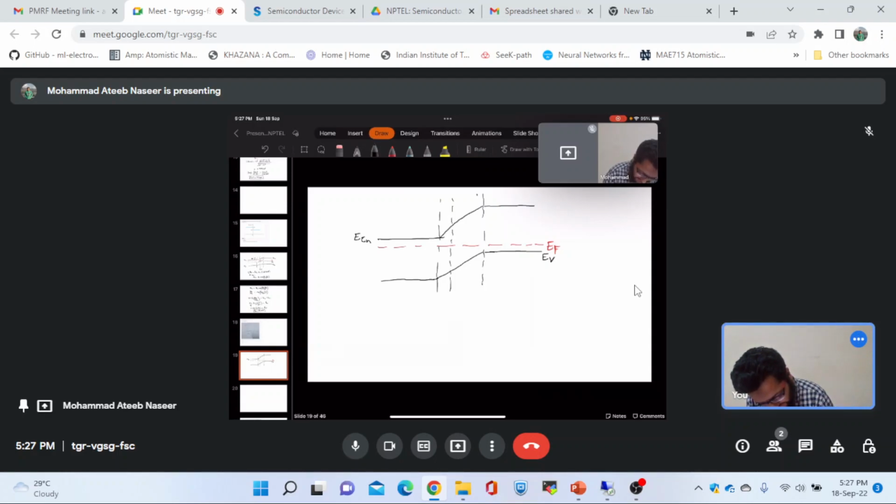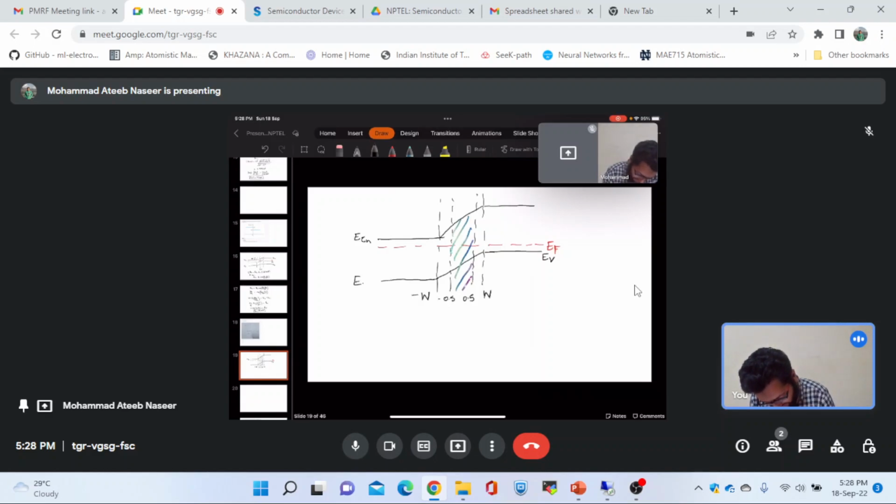Now this intrinsic region is having this width which is given by minus 0.5 to 0.5, which is 1 micrometer. Let us say this is the intrinsic region, and this will be the depletion width minus W and plus W on the N and the P side respectively.